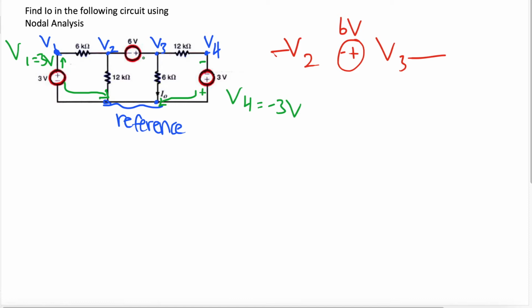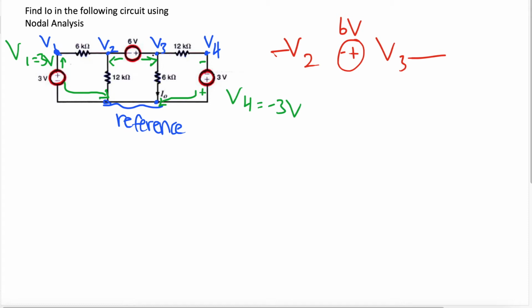But V2 and V3, this negative 6 volts or positive 6 volts, depending on what side you're looking at it from, this 6 volts is connected to V2 node over here, and it's connected to the V3 node over here. So it's not directly connected to the reference node. Now, because the positive side is on V3 and the negative side is on V2, we can determine an easy equation. We always do the positive minus the negative.